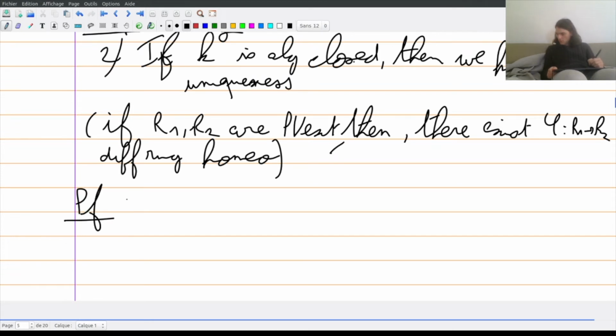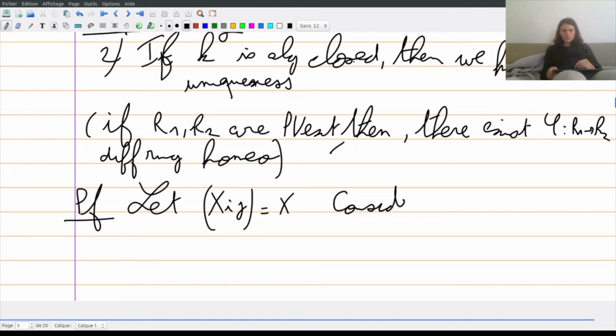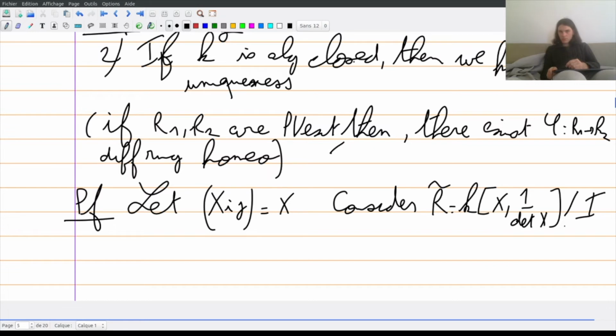So let me make a proof of this fact. So I consider an indeterminate matrix X, outside that I quotient by, so I consider R1 tilde.